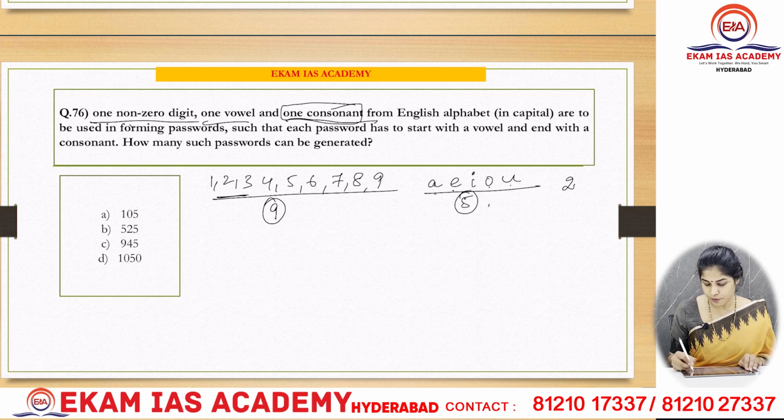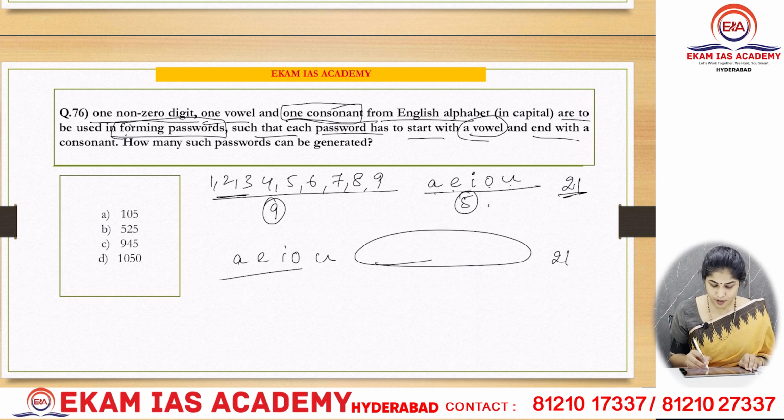Consonants are 21 in number, right? From the English alphabet, these are to be used in forming a password such that each password has to start with a vowel and end with a consonant, okay? And in between you have any one of the numbers 1 to 9.